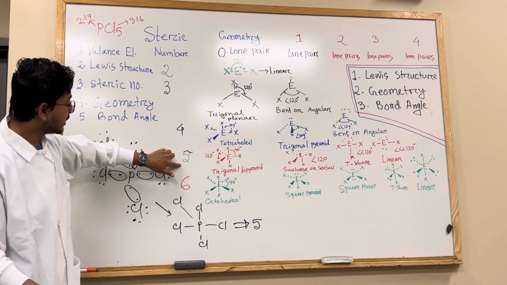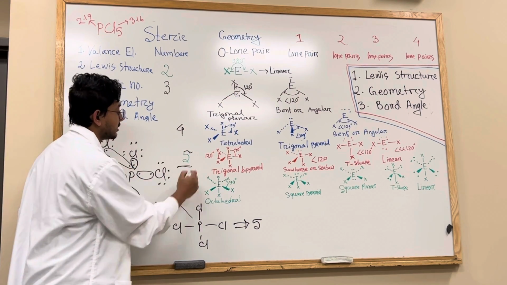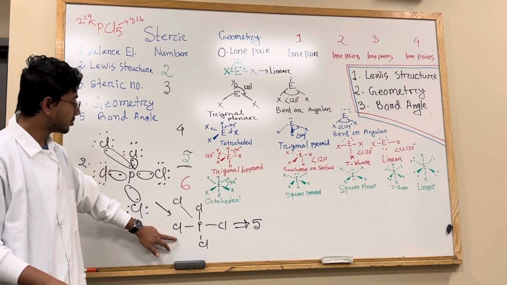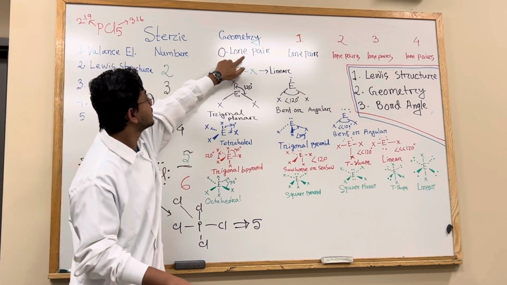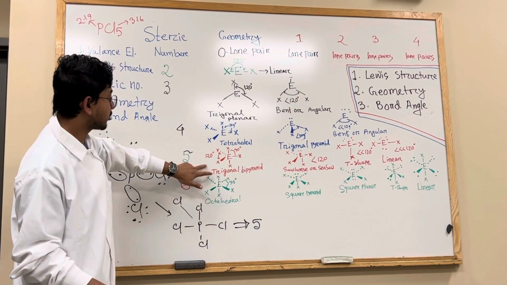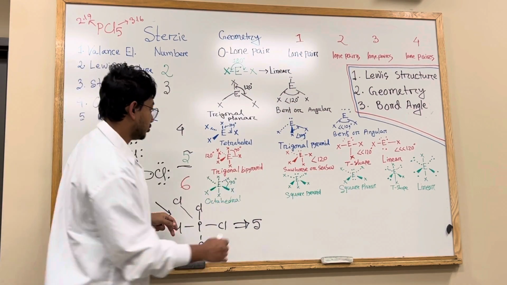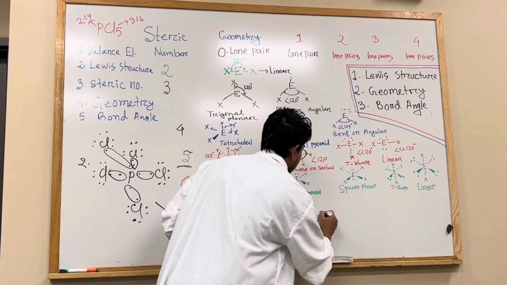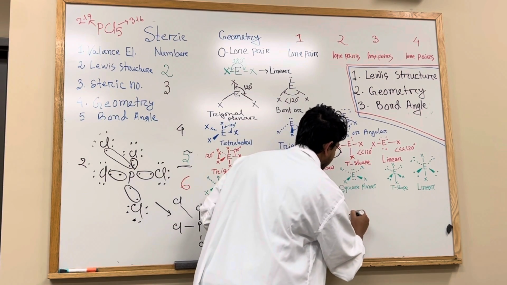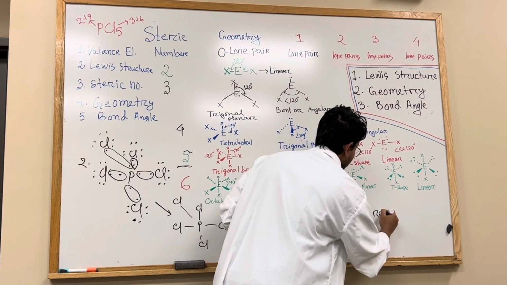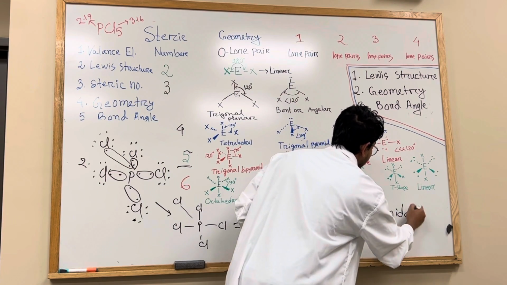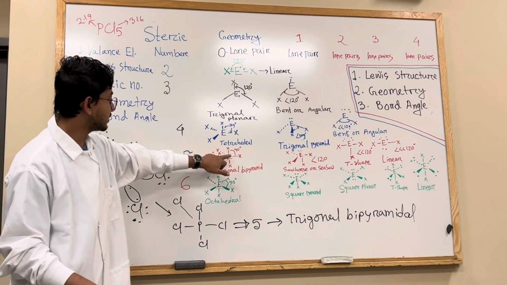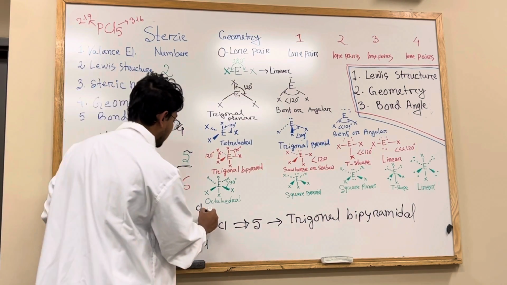Steric number is 5 here, and there are 0 lone pairs, which means trigonal bipyramidal. So we get trigonal bipyramidal geometry for this compound. Then the bond angle is 120.